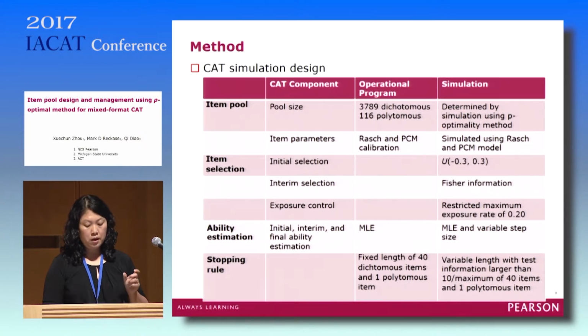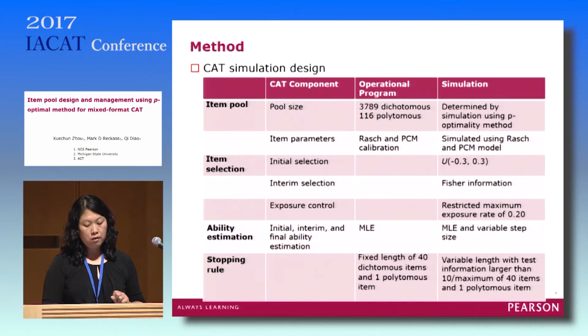For item selection, as I said, the operational program is a fixed linear test, so there is no item selection algorithm applied here. For the simulation, the initial item is from the middle bin, which gives a little bit of randomness for the initial item selection. And the interim selection is by maximum information. They also imposed item exposure control, and Rmax is set to be 0.2.